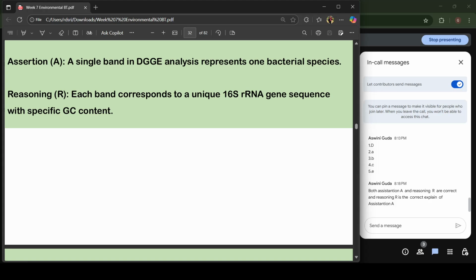Next question is, a single band in DGGE analysis represents one bacterial species. And the reason is each band corresponds to a unique 16S rRNA gene sequence with specific GC content.